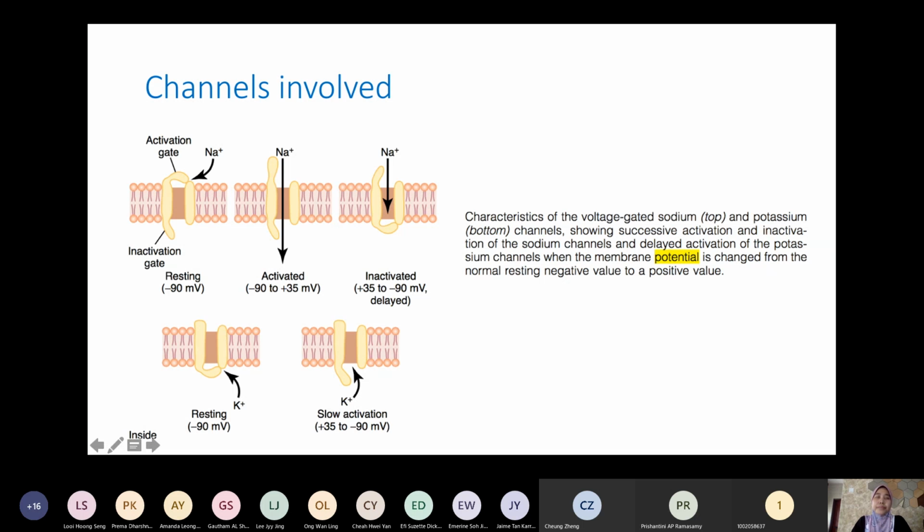Please bear in mind, at resting membrane potential, our cell is negative 90 millivolts. Let's say this is an excitable tissue at negative 90 millivolts. So during the resting state, it is negative 90. When the activation gate is open, the sodium starts coming in. We call it the influx of the sodium ion. And then the inner cell will be less negative, up to positive 35 millivolts.